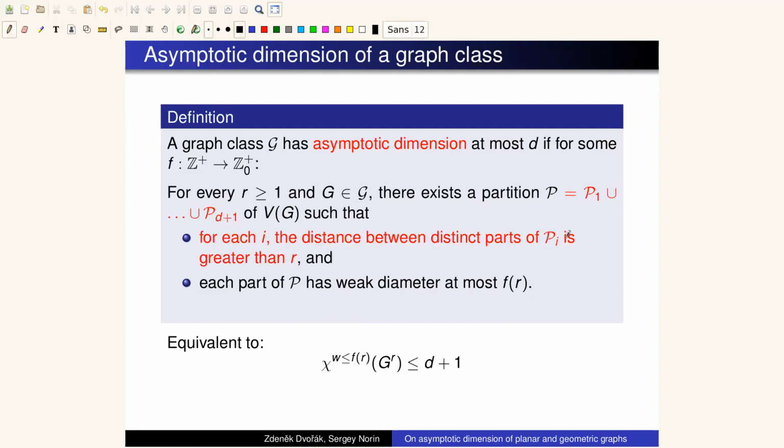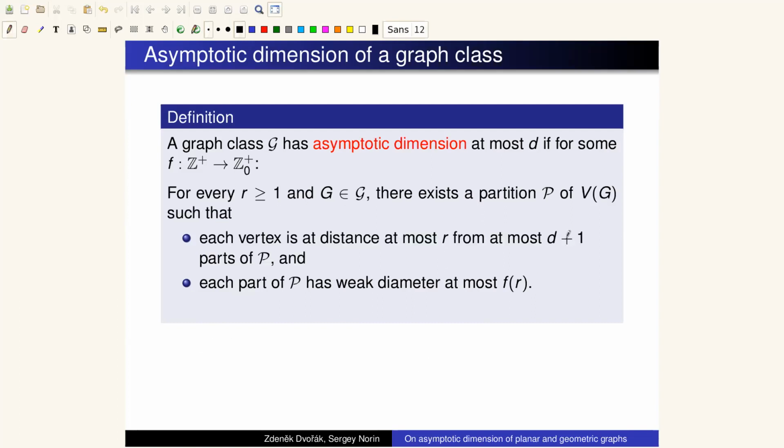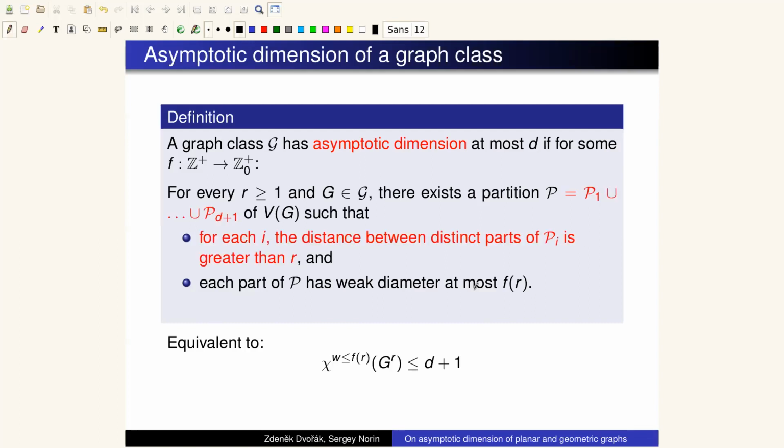So how can you enforce this property that every point is close to just a few parts of this partition? Well, you can do it in the following way.